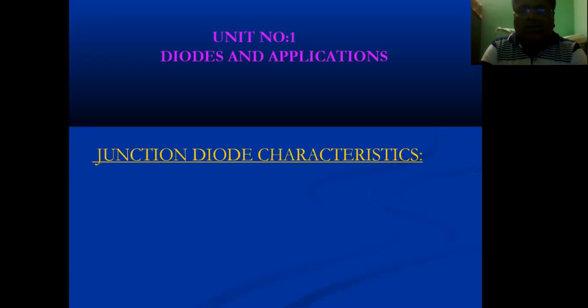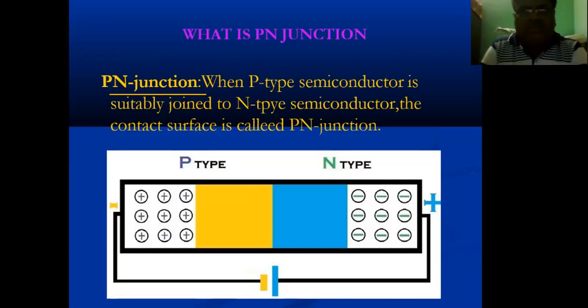Okay, next. What is a PN junction? I hope all of you understand the junction concept. Here the junction is the PN junction. Why is it called the PN junction?